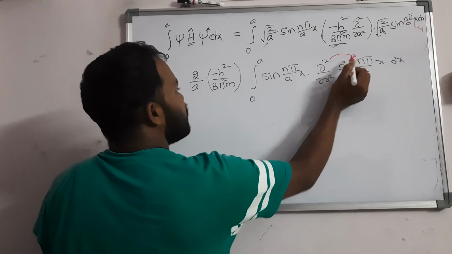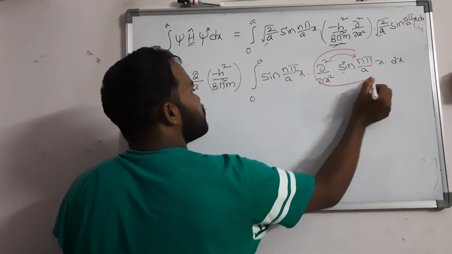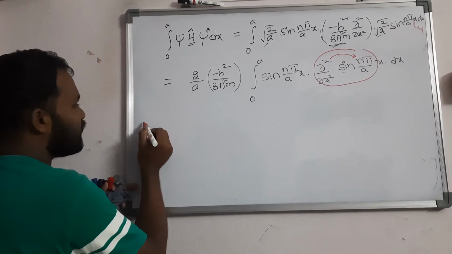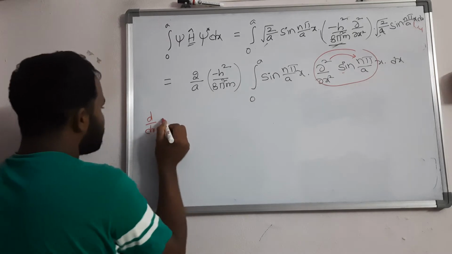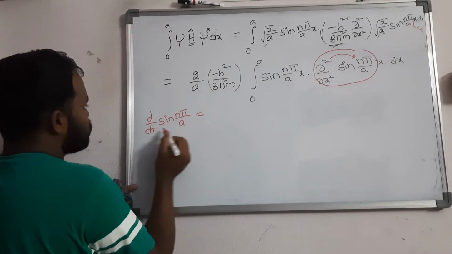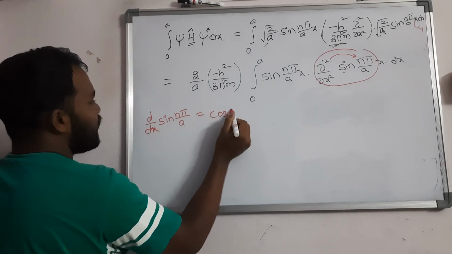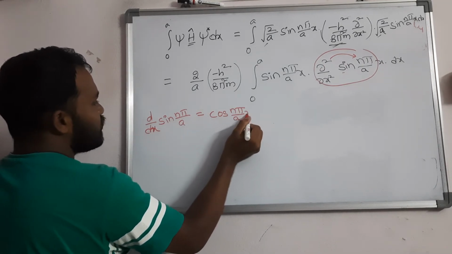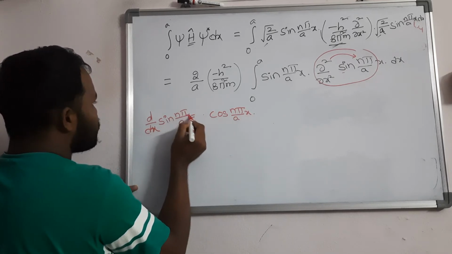After differentiation, on the right side a function is there. Now we should find out the value of this. So again I am writing here. First you should do the first differentiation of sine n pi by a into x. What will you get? d by dx of sine x is cos x. Directly you will get cos n pi by a into x into d by dx value, that is n pi by a.